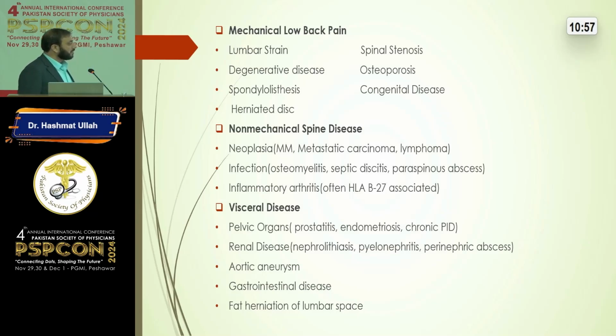Infection should always be considered in any patient complaining of back pain: septic discitis, paraspinous abscess. And being physicians, we should concentrate more on the visceral diseases that may present with back pain, like prostatitis, renal disorders like pyelonephritis, nephrolithiasis, GI diseases, and aortic aneurysm. All these things should be considered in any patient who presents with back pain.